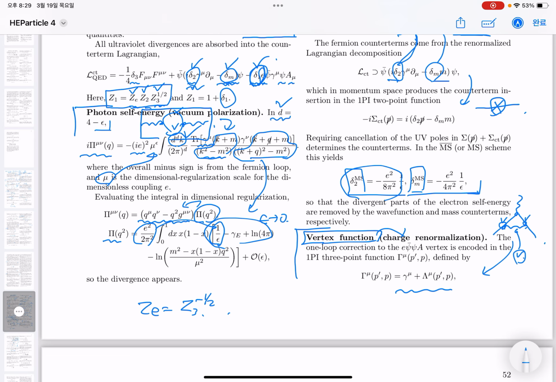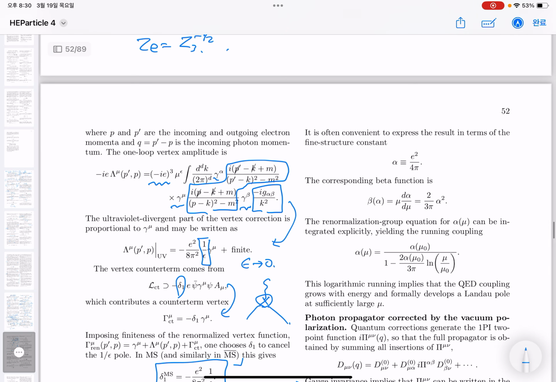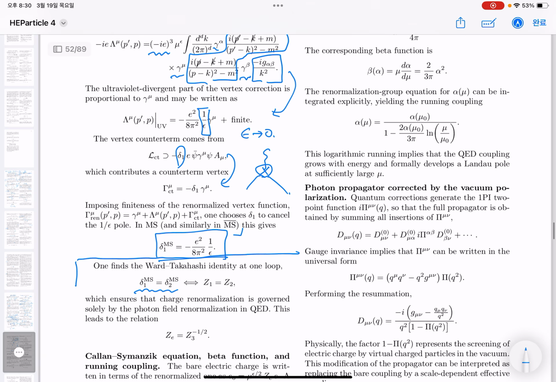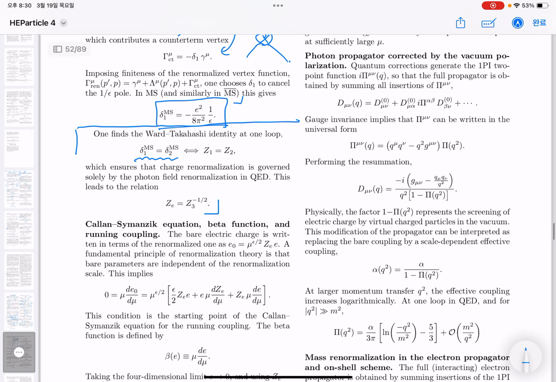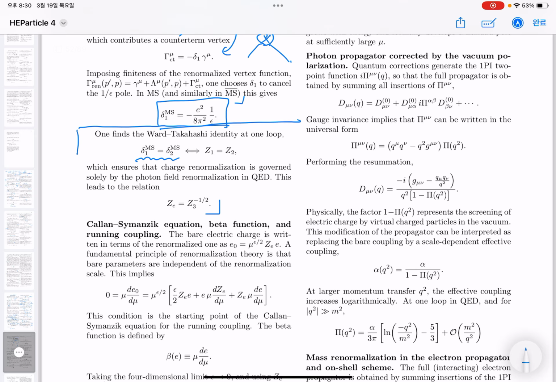This means that the electric charge renormalization is fully determined by the photon field renormalization in QED. So now we know that all the counter terms are determined to cancel all the divergent terms arising from the loop diagrams. Then how can we use these counter terms?